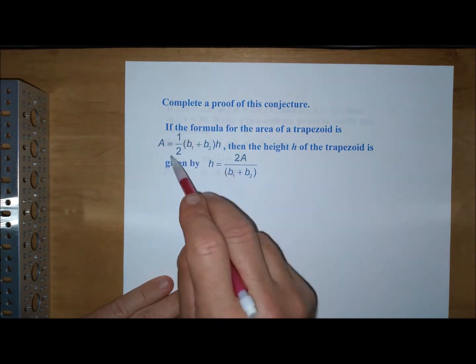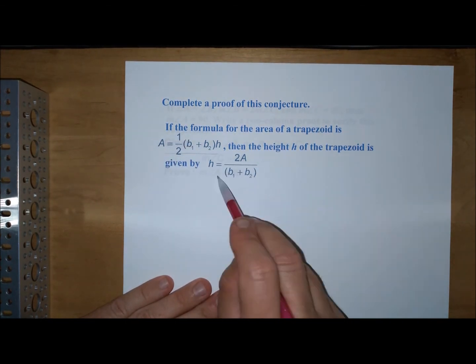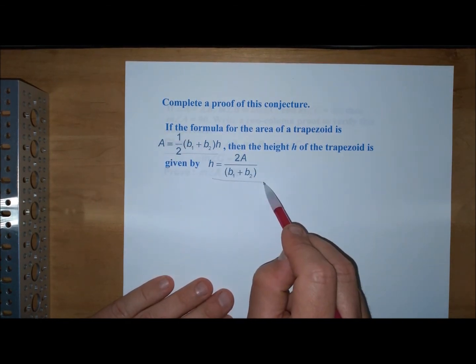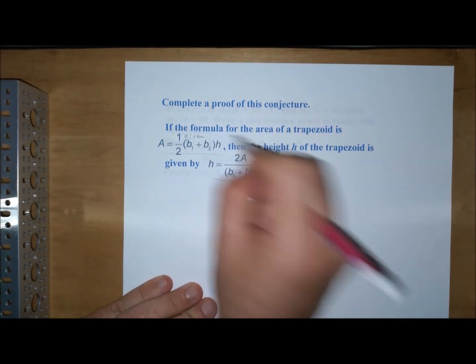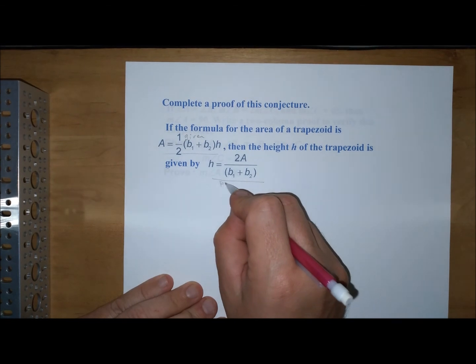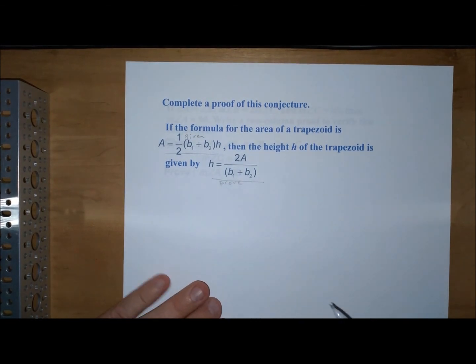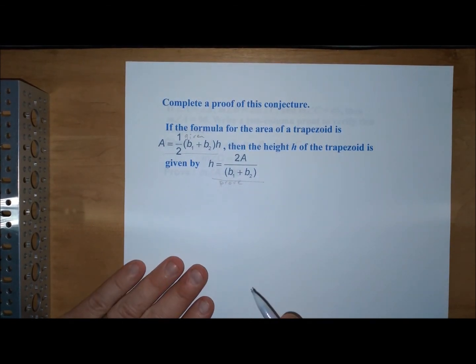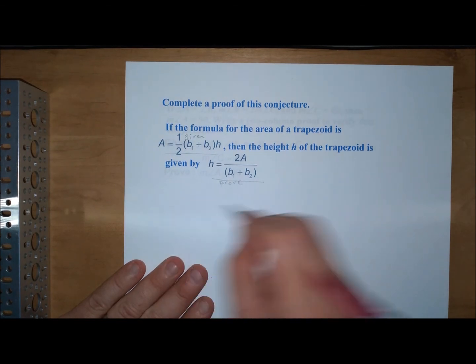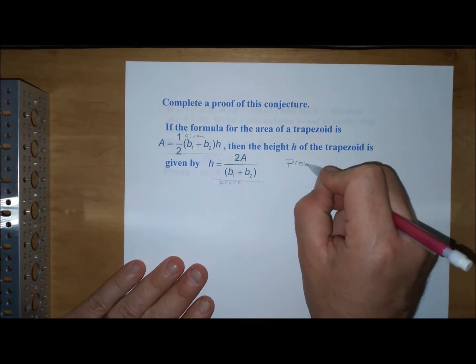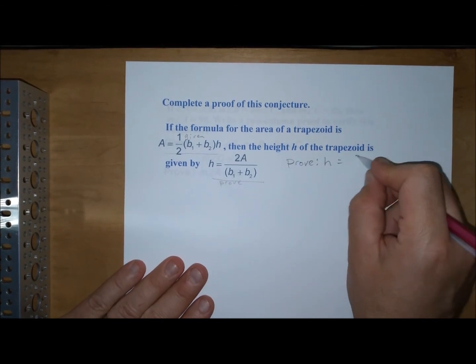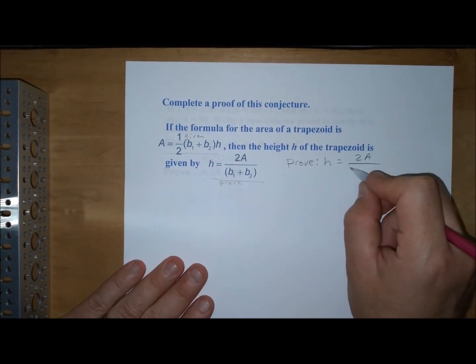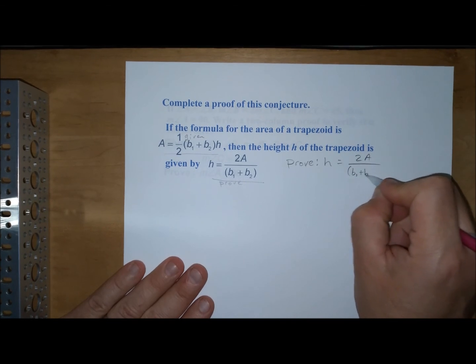If hypothesis, then conclusion. Okay, if given, then prove. Okay, so let's go ahead and restate what we're being asked to prove. They're asking us to prove what? Prove that the height of a trapezoid equals 2 times the area divided by the sum of the bases.